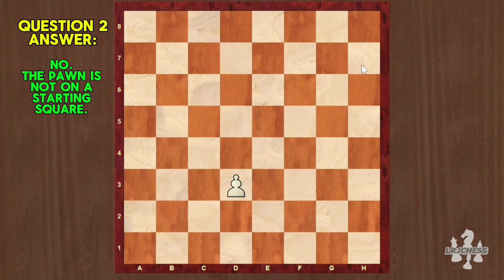Basically, 1 rank higher than the bottom one for both sides. A pawn can only move up 2 squares when it's on its starting square. So seeing how this pawn is not on its starting square, the correct answer for question number 2 would be no. The pawn cannot move up 2 squares. It can only move up 1 square from now on.